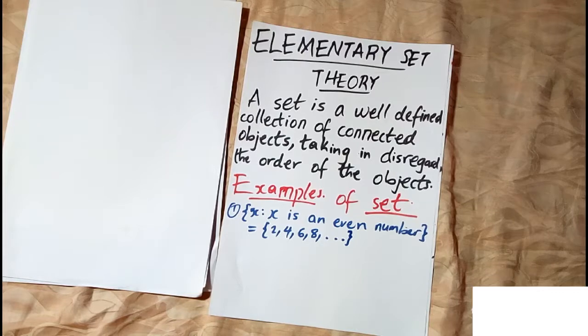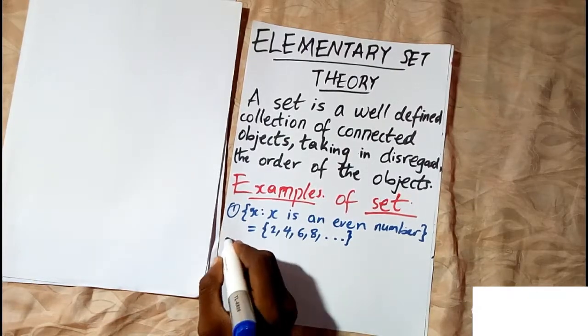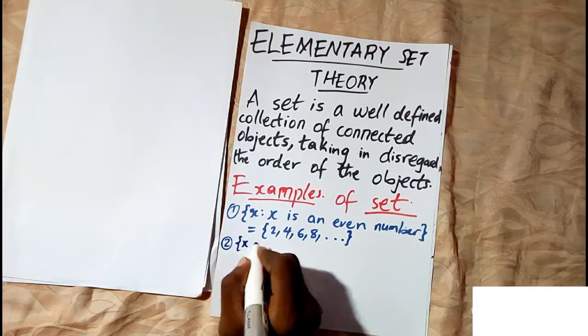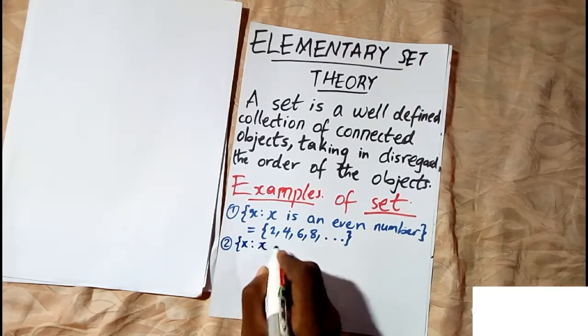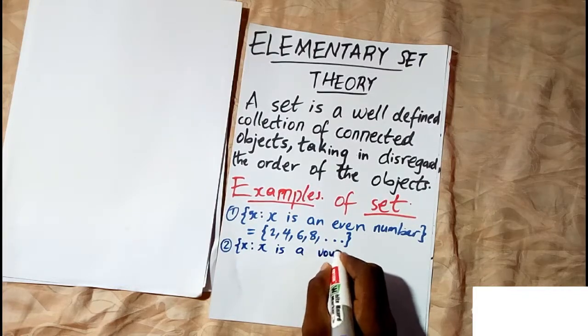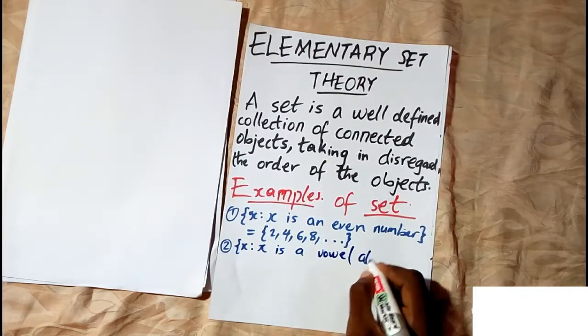We have another example, a set of vowel letters, x such that x is a vowel alphabet.